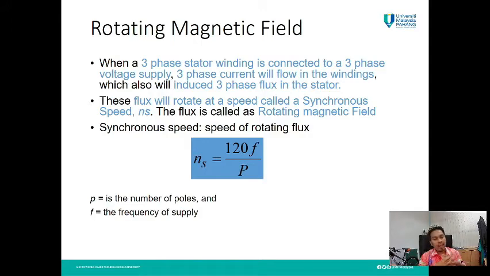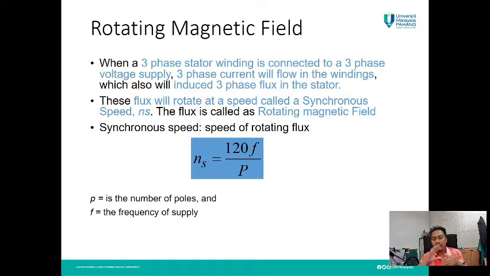Let's say we have a three-phase supply. The three-phase supply is connected to the stator winding. So when the three-phase supply is connected, current will flow in the coil or winding, and therefore it will induce three-phase flux in the stator.